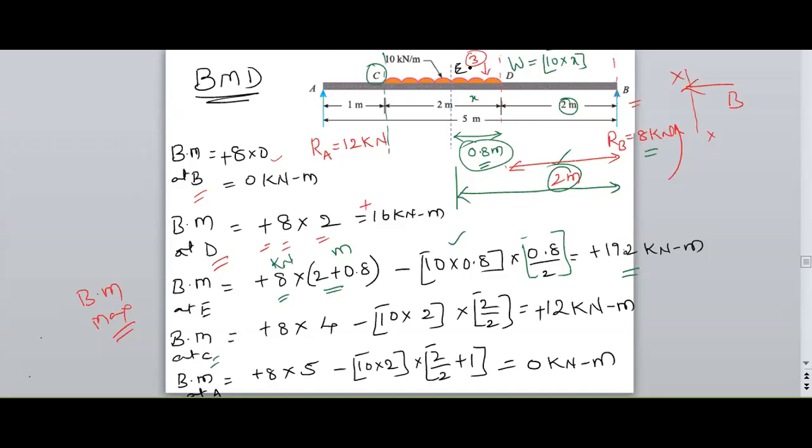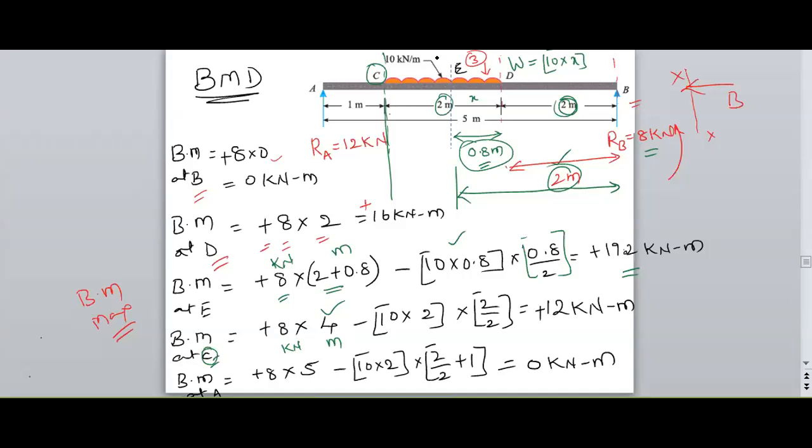RB has a distance from C of 2 plus 2, so I am getting 4. From C to B the distance is 4. So 8 kilonewton has a distance from C of 4 meters.